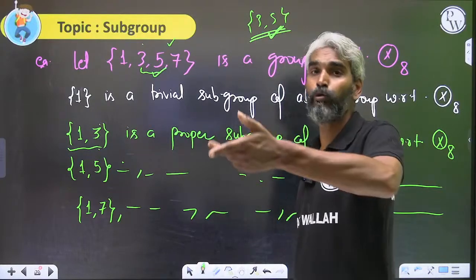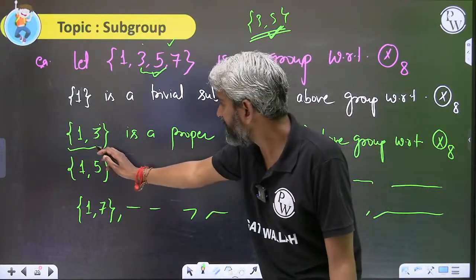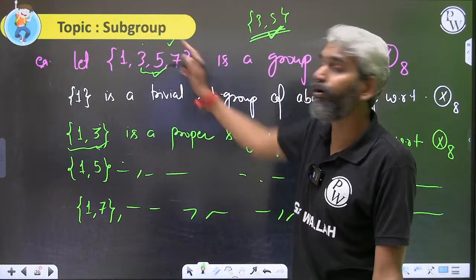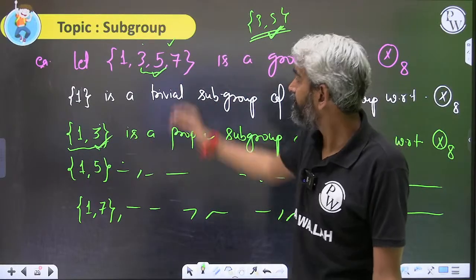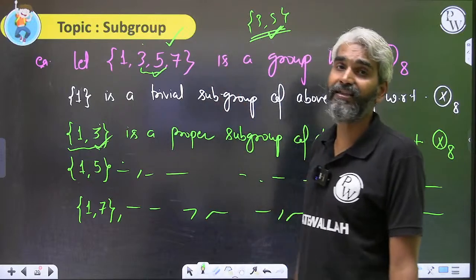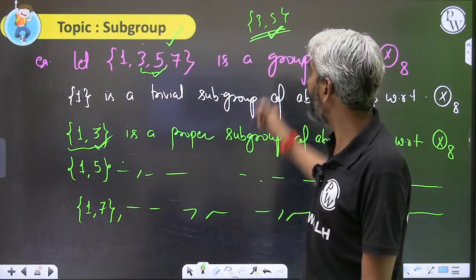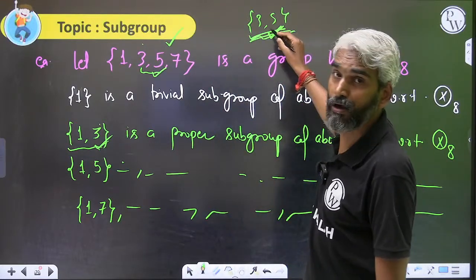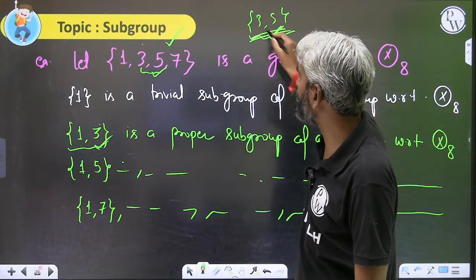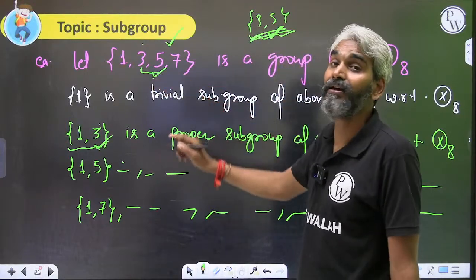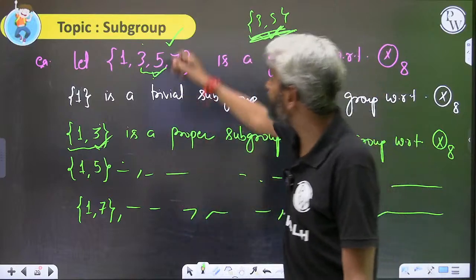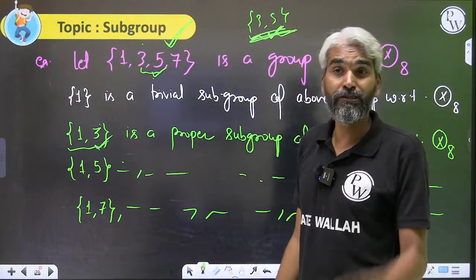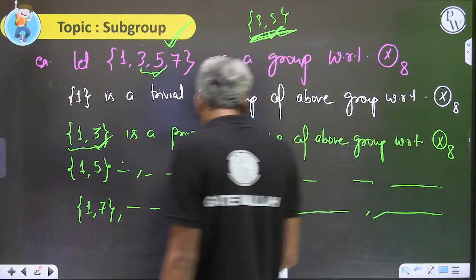It's one way only: if the given set is a subgroup of the original group, then the size of the subset will definitely divide the size of the set. But if I take any random subset whose size divides the size of the set, then it is not necessary for that subset to form a subgroup of the given group. So it's only a one-way implication, not two-way.